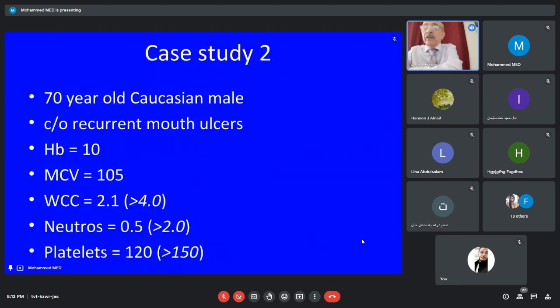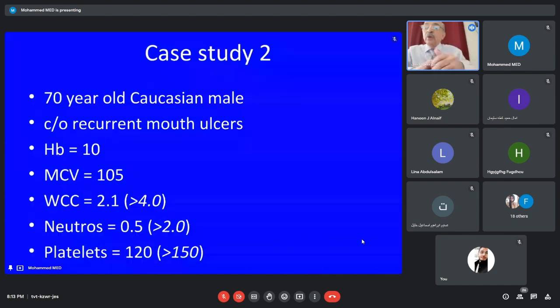The white cell is 2.1, the neutrophils 0.5, and the platelets 120. Look at these. Number 1, the hemoglobin is 10, and again, this is anemia, not severe anemia, this is mild anemia. The MCV is 105, this is high. So what do we call this? We call this macrocytic anemia.